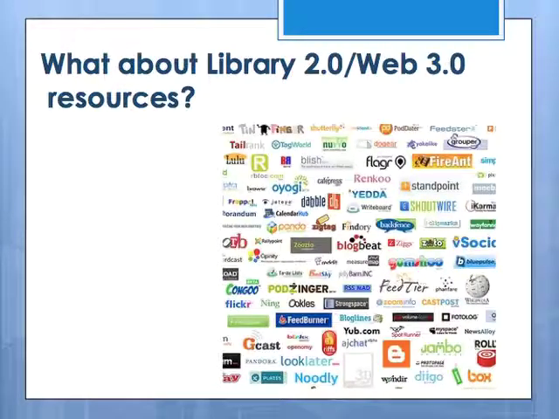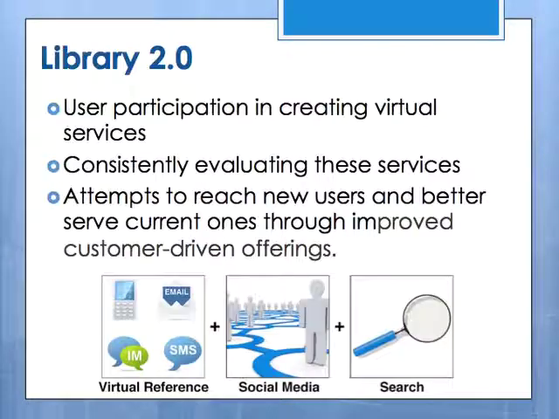And so I also want to talk about Library 2.0 and Web 3.0. And I thought this was just kind of a nice picture showing all the possibilities that are out there. So Library 2.0 probably began about 10 to 12 years ago when libraries started being more interactive and social as the web became more interactive and social.